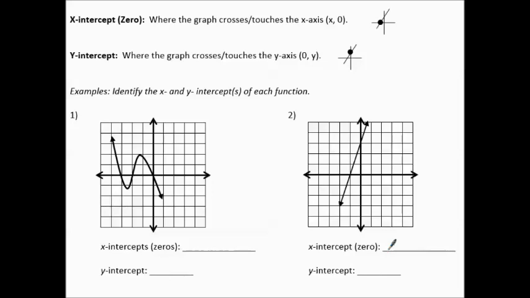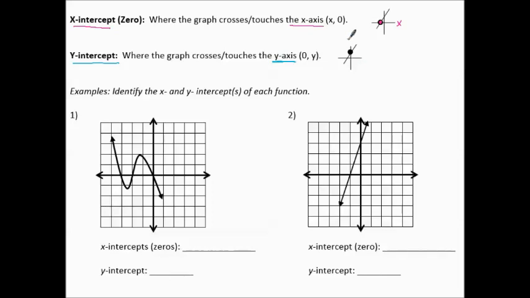Next, we're going to look at intercepts. We have x-intercepts and y-intercepts. X-intercepts are where the graph crosses or touches the x-axis. Remember, my x-axis is right here. So it's where my graph touches that x-axis right there. The y-intercept is where my graph crosses or touches the y-axis.